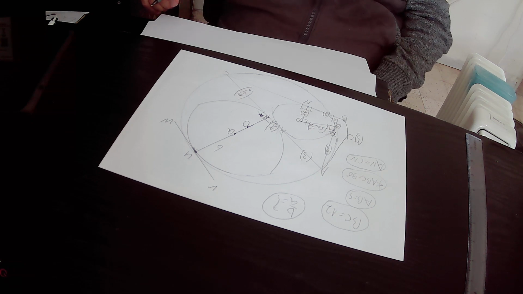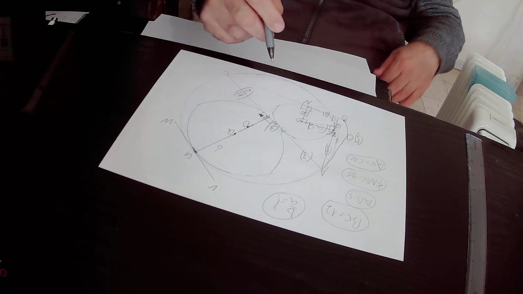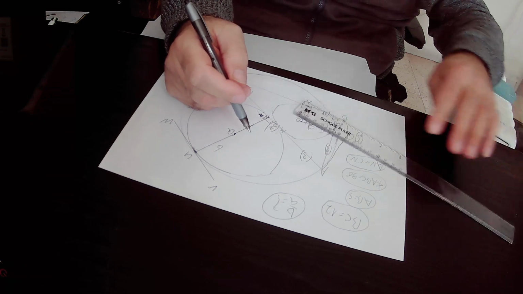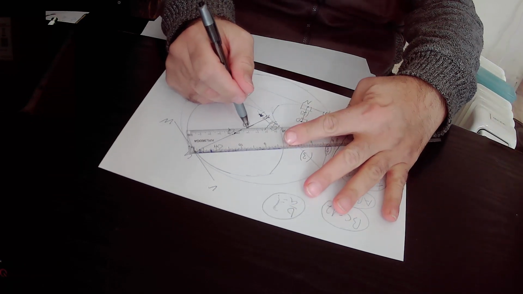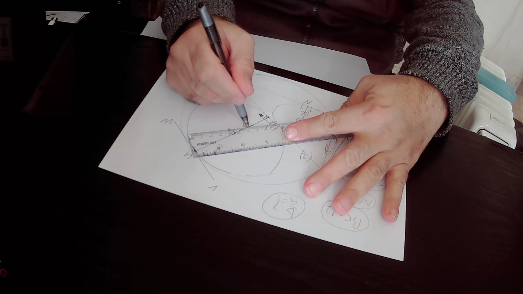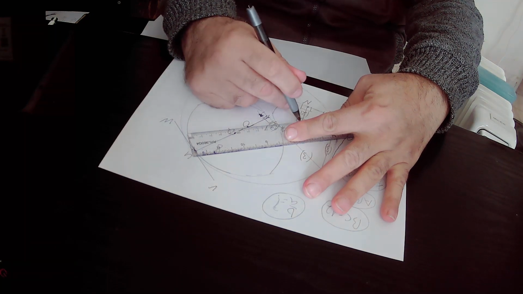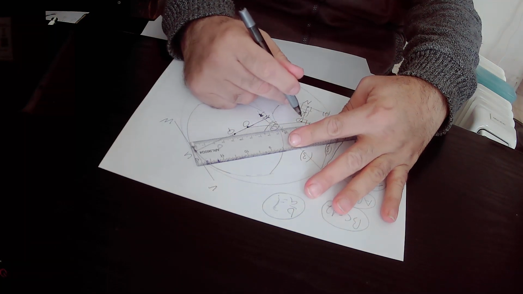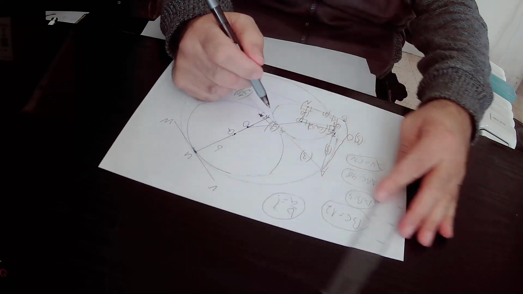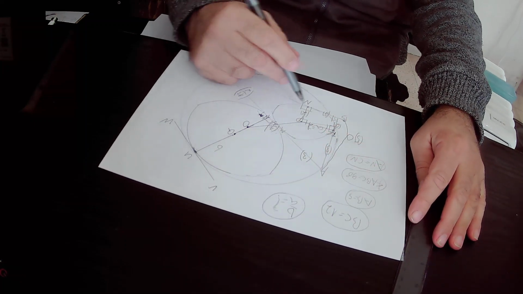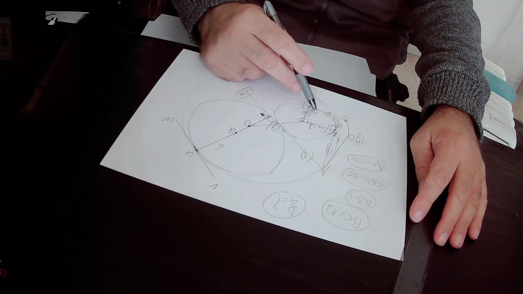So in the next step we will join points O and P together by a straight line. Point O is the center of the bigger circle, point P is the center of this smaller circle.